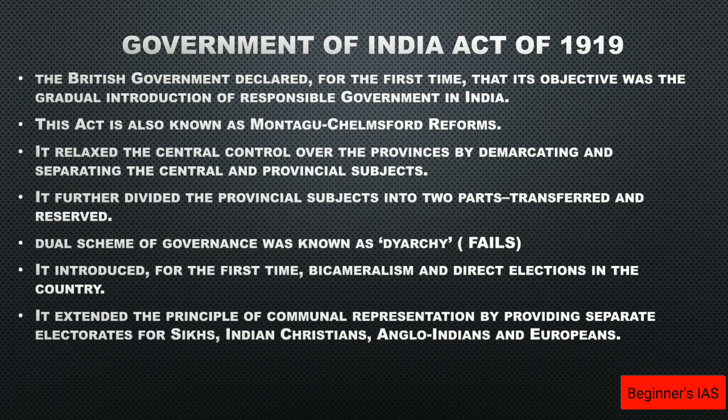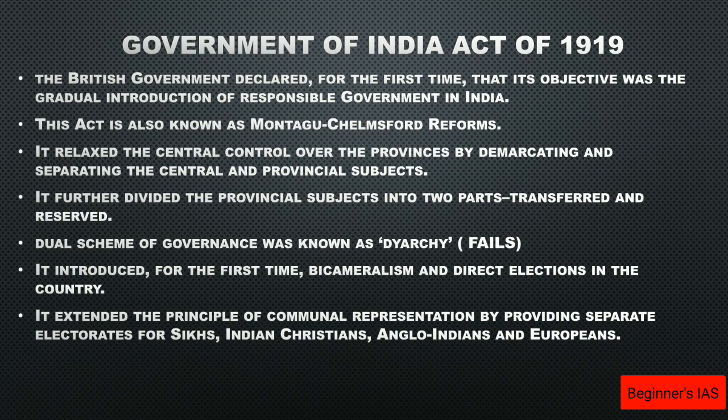Note the words responsible government in India. That is the first time the British government declared this. According to which the Government of India Act of 1919 was enacted and came into force in 1921.